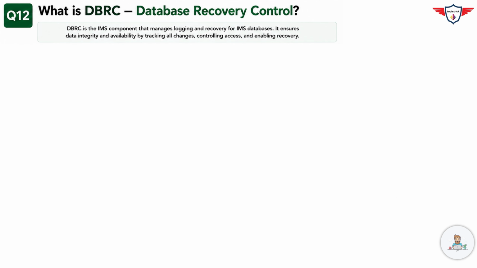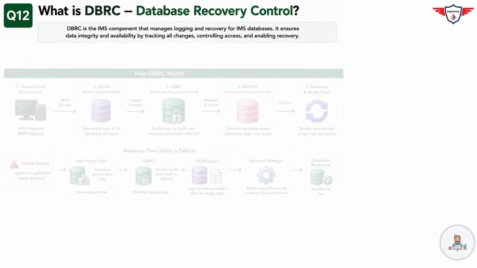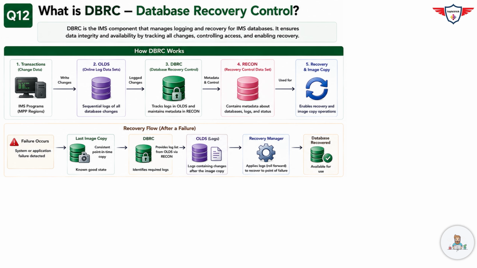Now, let's talk about our next question, that is, what is database recovery control? Database recovery control, or DBRC, is the IMS component that manages logging and recovery of IMS databases. It tracks all changes made to the database through the online log dataset and maintains records in the recovery control dataset.